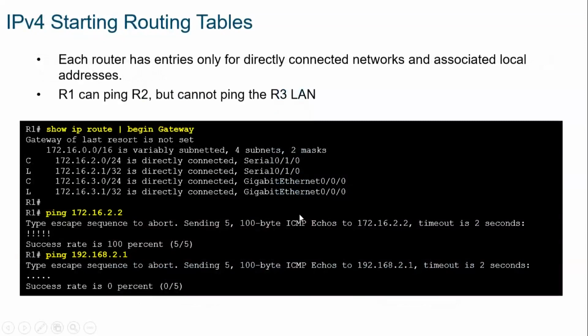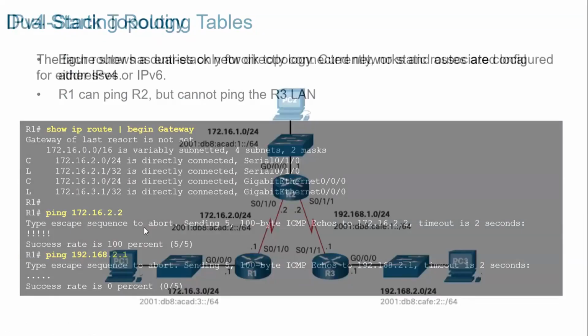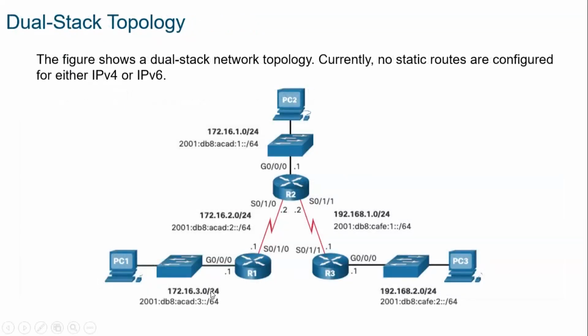Each router has entries only for directly connected networks and associated local addresses. Why does it only have this? Because we haven't configured any routing on it. It only knows what it is directly connected to. So for R1, it has this network, 172.16.3.0, and this network, 172.16.2.0.